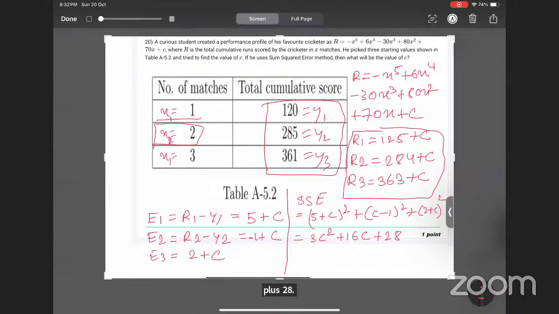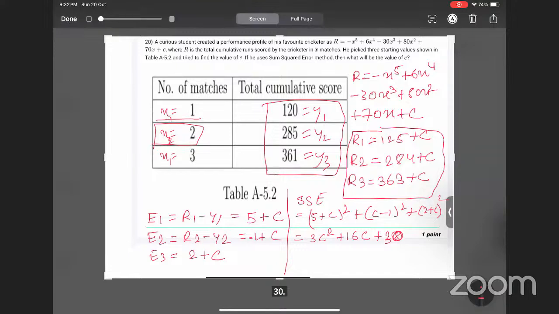All of you are getting the same equation? How 28? Yeah, 28. So is it fine? 30. Okay, so from here we will get C square.